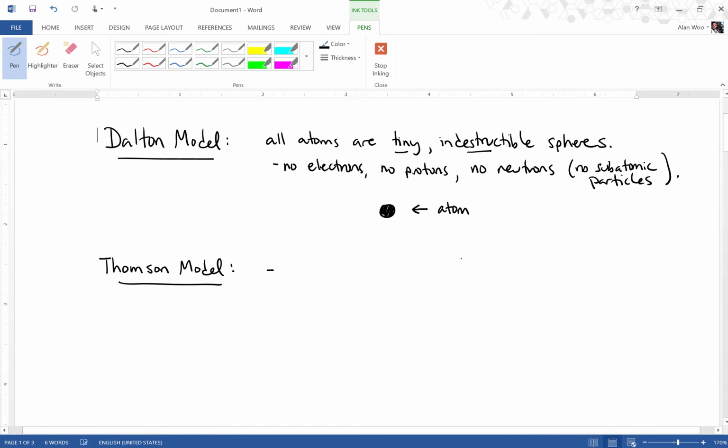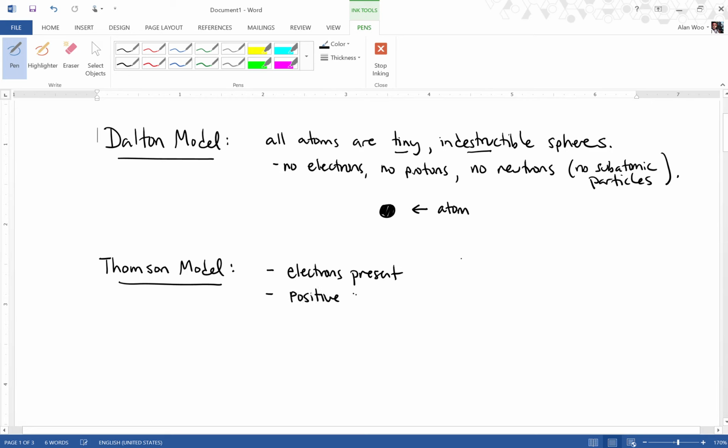So in this model, one of the first things that were discovered were electrons. So the electrons are present, but not the protons, okay, not in the same way.